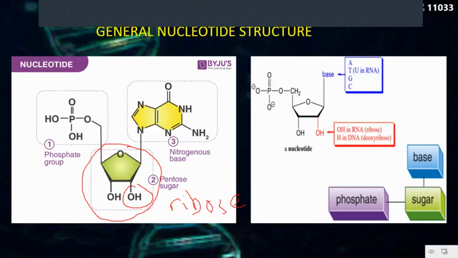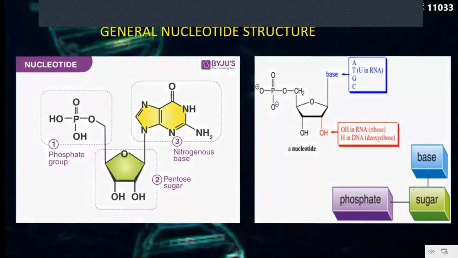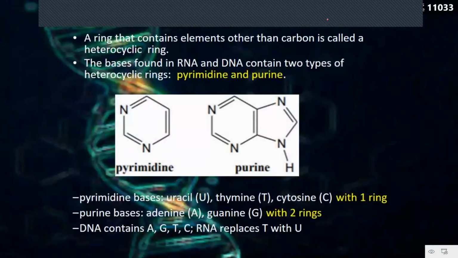That is why it is called deoxy. The oxygen was removed and replaced by hydrogen, so we call it DNA. But basically, all nucleotides contain a phosphate, a sugar, and a base. Okay? These three components. So let's talk about the heterocyclic bases.